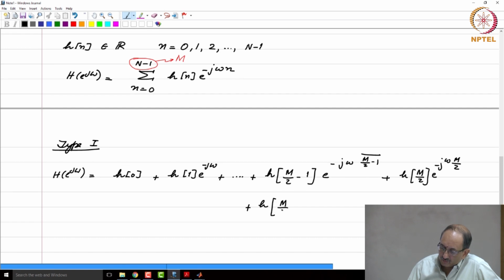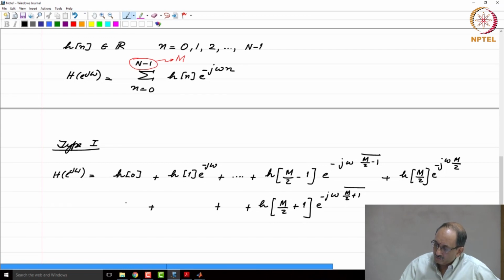The next index of course is h of M by 2 plus 1 e to the minus j omega times M by 2 plus 1 and so on. And finally, you are left with h of n minus 1. H of n minus 1 of course is h of M e to the minus j omega n minus 1, where n minus 1 is M.